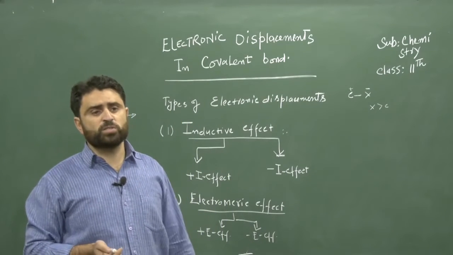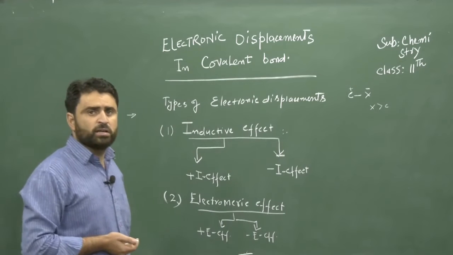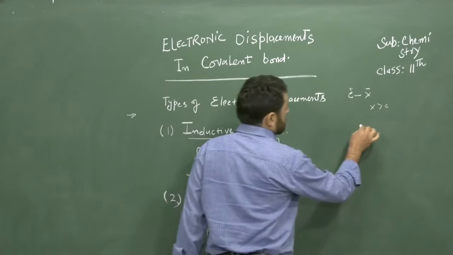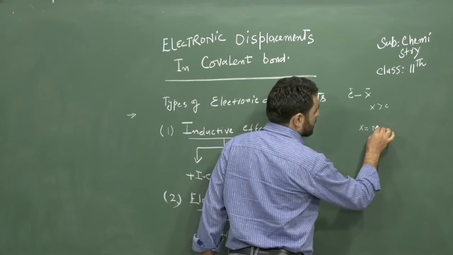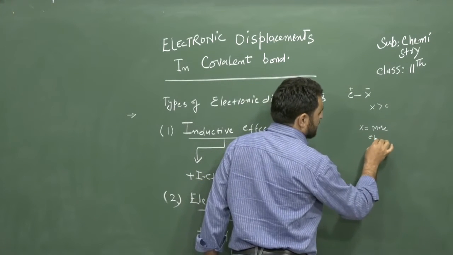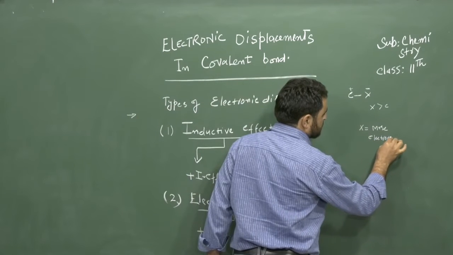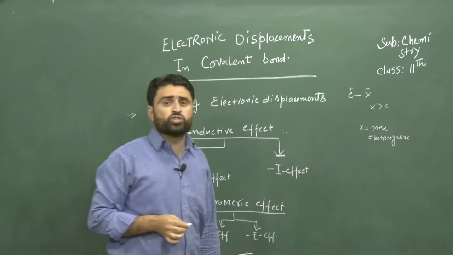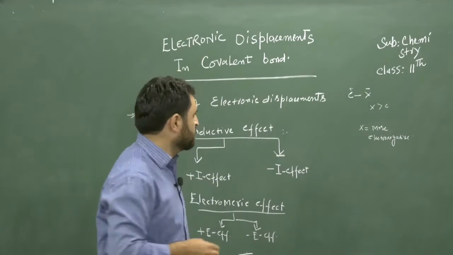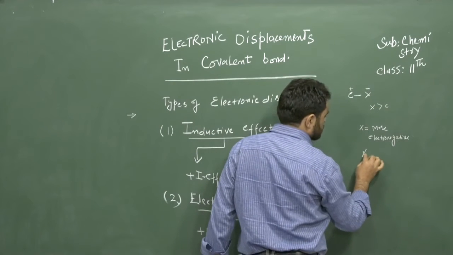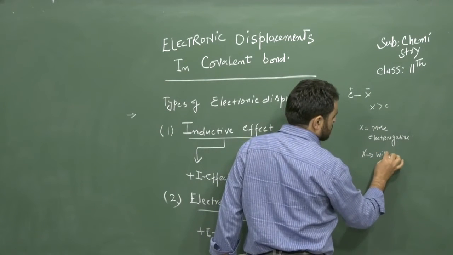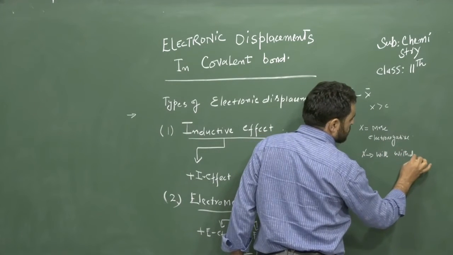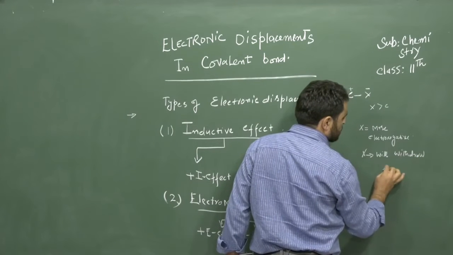Electronic displacement takes place only when there is attachment of a highly electronegative atom. For example, if X is more electronegative, this X will withdraw electron towards itself.